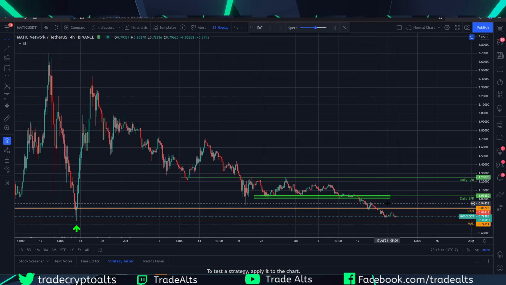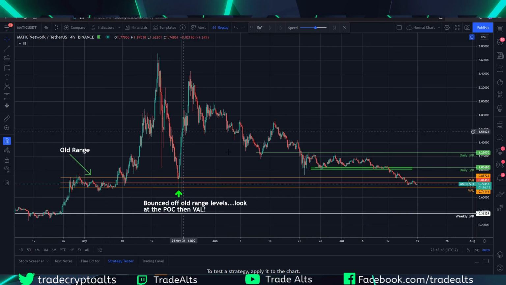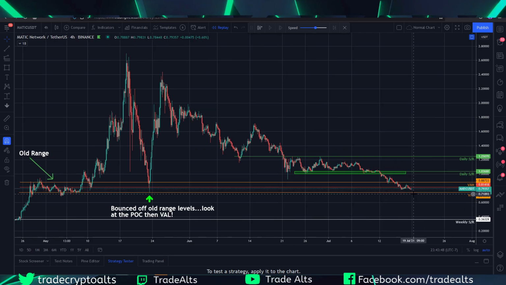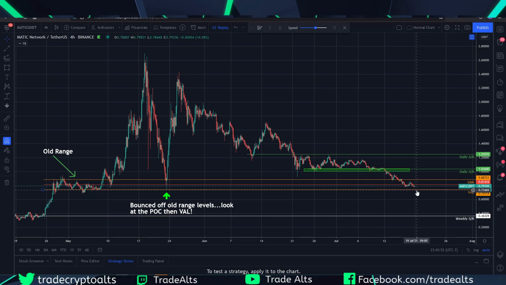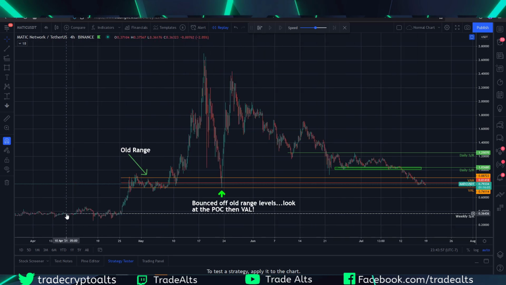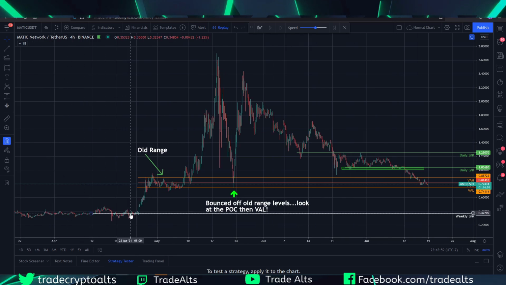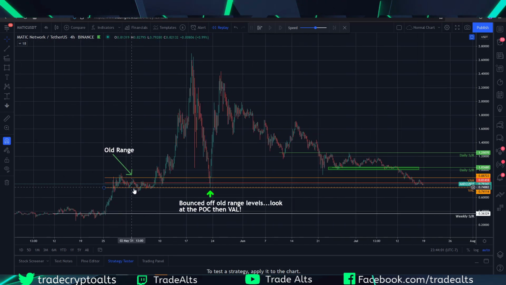To the downside, it kind of gets scarier. There's really not a lot of support at all built up below this value area low. So you can see grinding sideways, a lot of sideways, impulsive move up, range, massive impulsive move up, right?